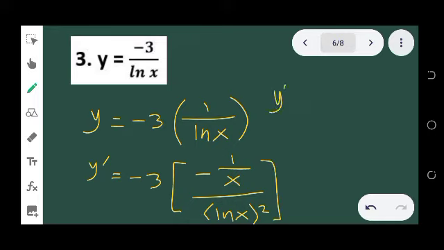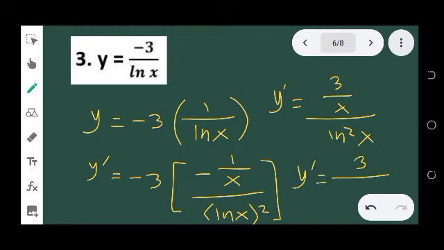We can simplify this. This becomes negative 3 times negative 1 over x, which is positive 3 over x, over ln squared x. You simplify this further, then our answer will be equal to 3 over x ln squared x, and this is now our answer for the derivative of this function.